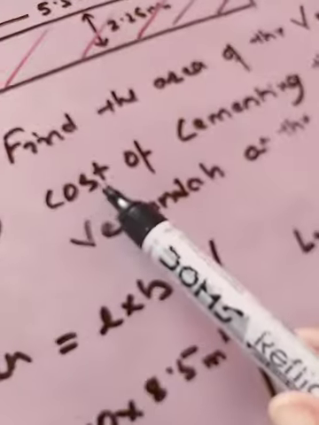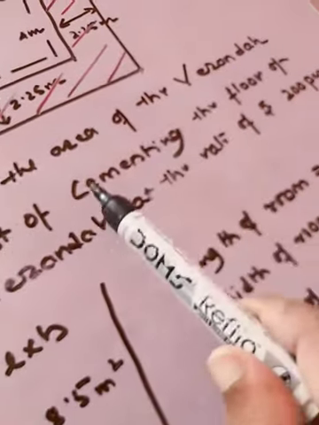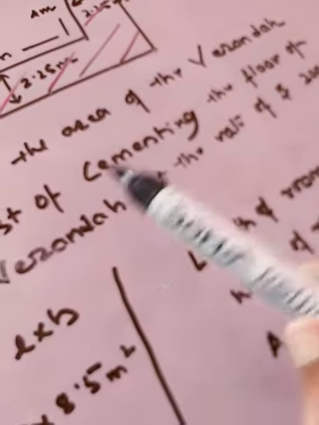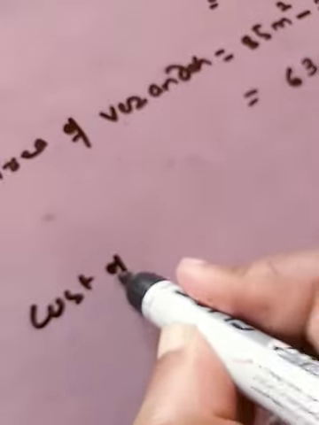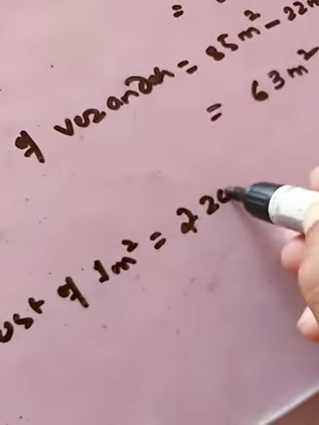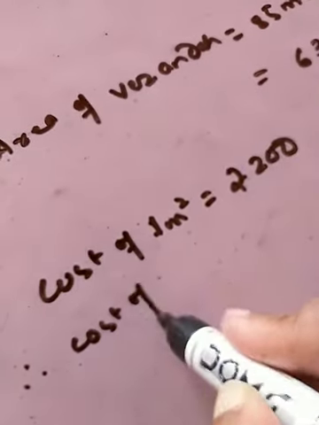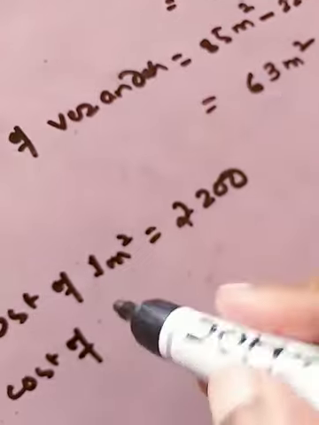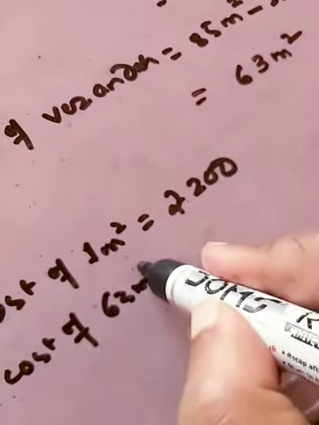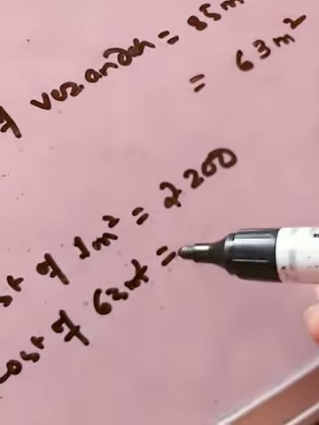Now what exactly do we have to find? What is the next thing? That is the cost of cementing the floor of the veranda at the rate of rupees 200 per meter square. The cost of 1 meter square is rupees 200. So what is the area of the veranda? 63 meters square. So how much would it be, more or less?